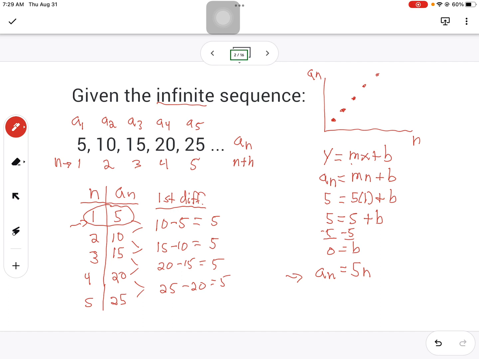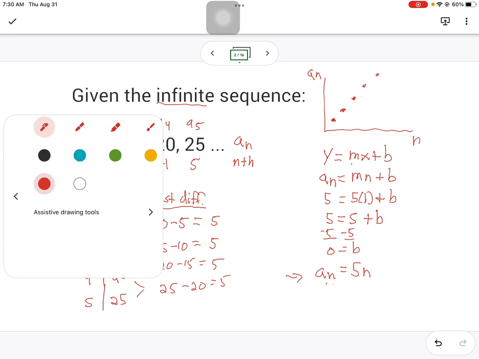So I mentioned 67th term, I believe, earlier. I'm not going to do 67. I'm going to do 60. So if I wanted the 60th term, I could say, what is a sub n at 60? Well, I could plug that into my rule, and let me kind of space it out just a little better before I go any further. I'm going to find that 60th term.